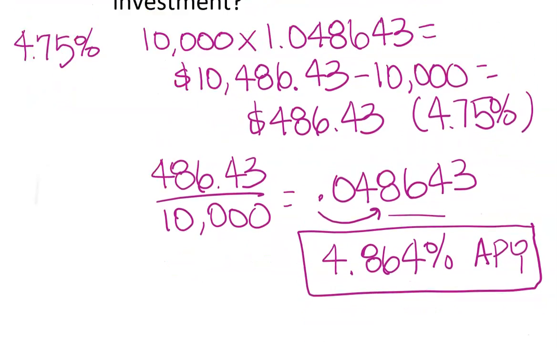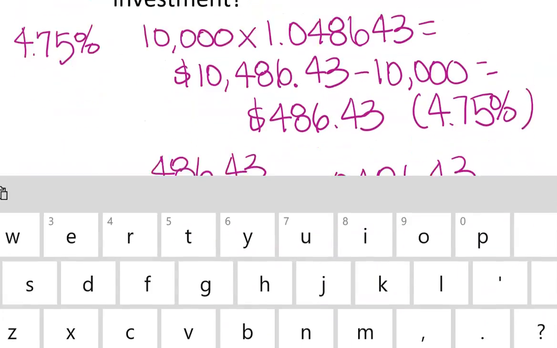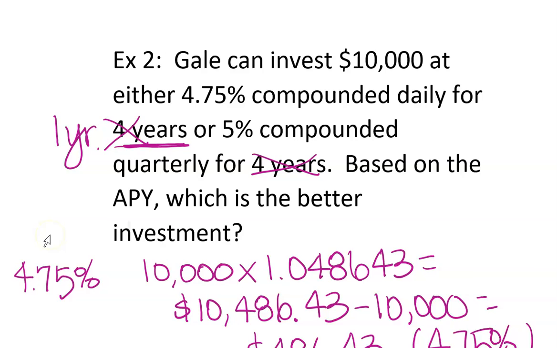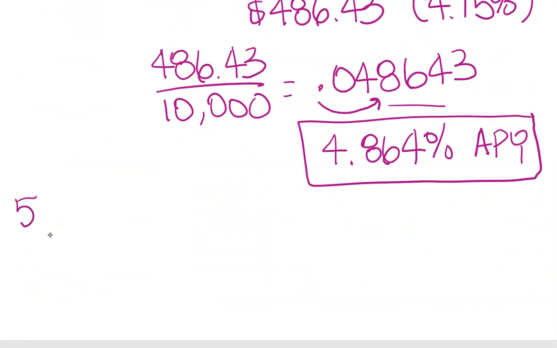Now you have to do that same thing with 5%, and that one was compounded quarterly. So we take $10,000 times the table value in the back.